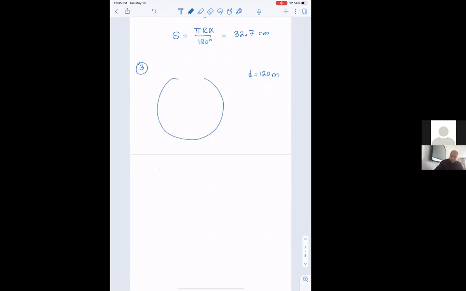So we have this Ferris wheel. The passenger capsules are attached to the circumference of the wheel, and the wheel rotates. We get a rotational speed, an angular speed of 26 centimeters per second. Every second, the wheel rotates 26 centimeters.